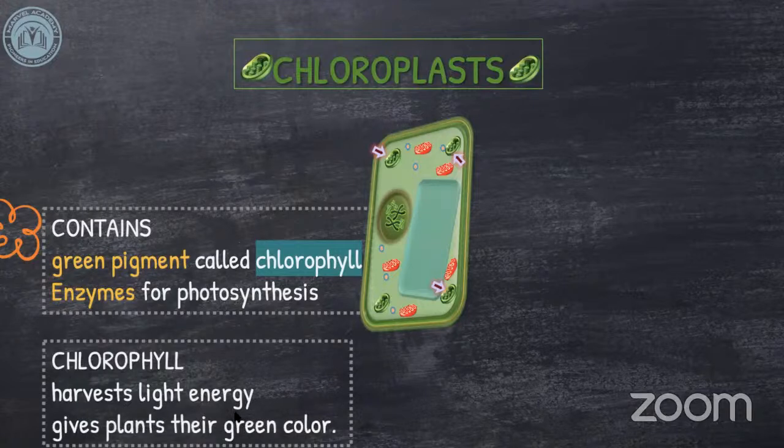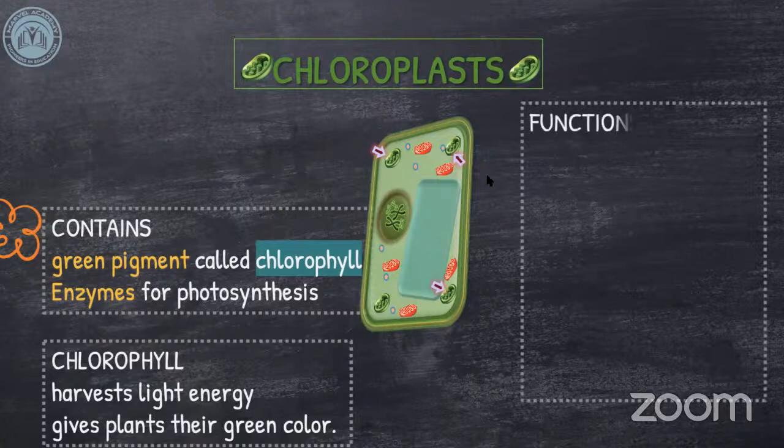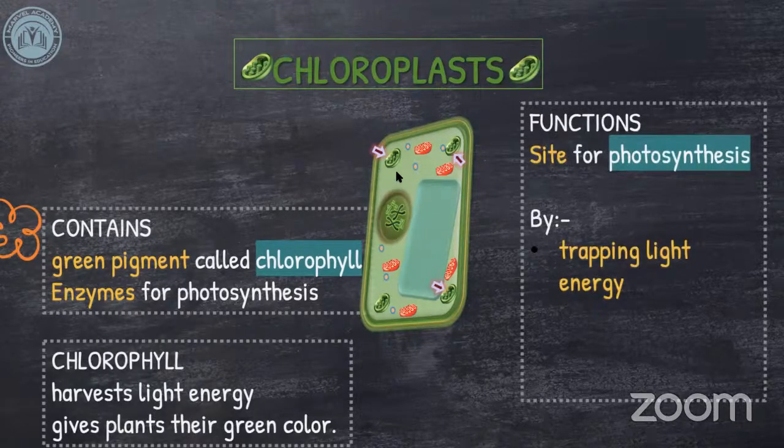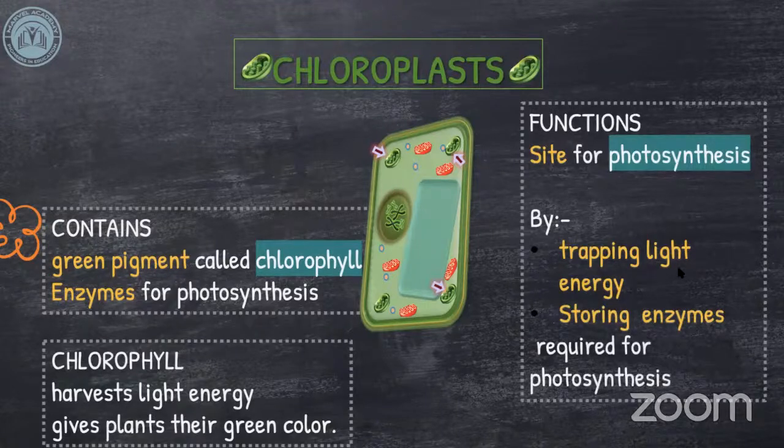It gives the plants their green color. Speaking about the function, photosynthesis can take place only inside this chloroplast. It has different compartments because it has several types of reactions, light dependent and light independent. So at different sites it does the photosynthesis, by trapping sunlight energy and storing energy, and so on.